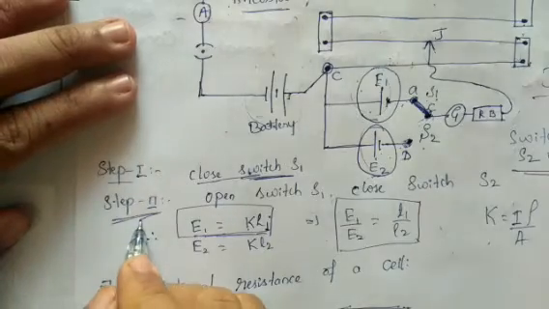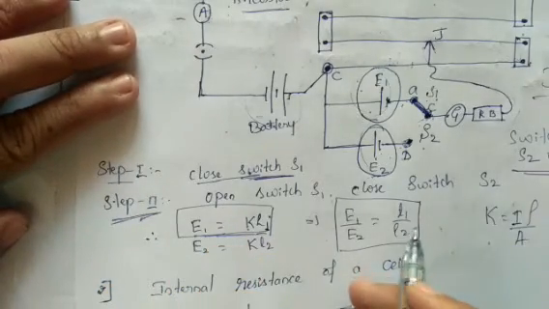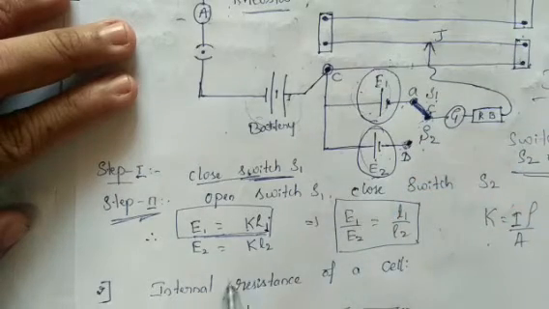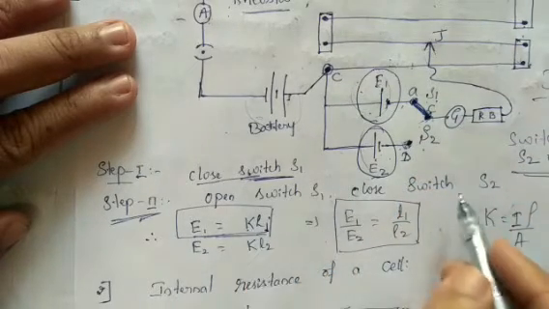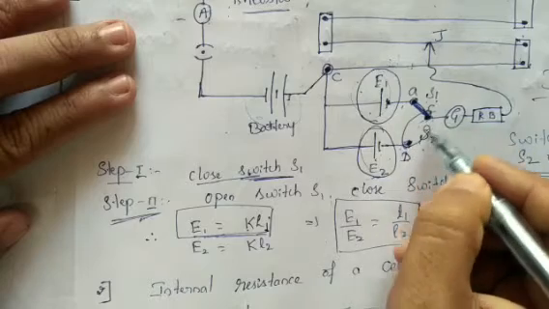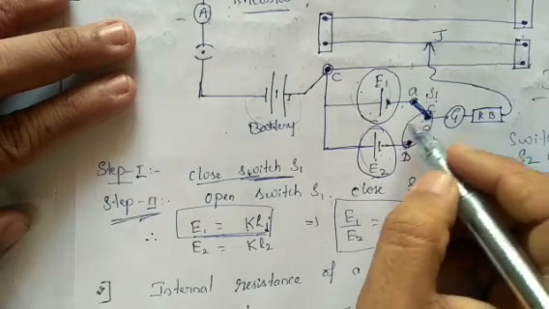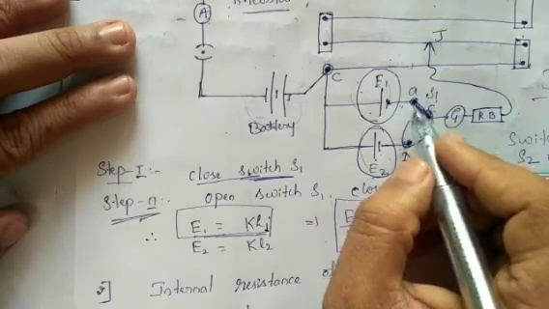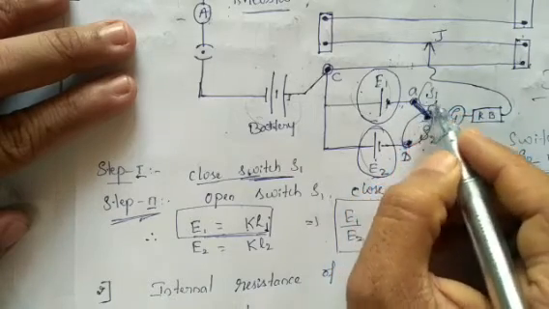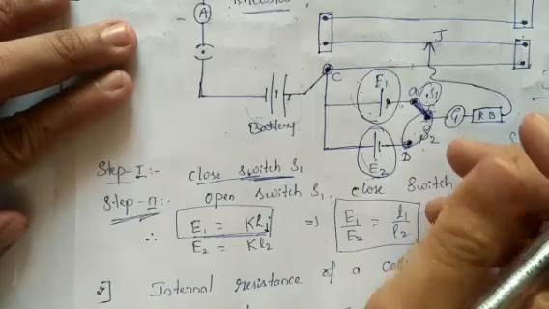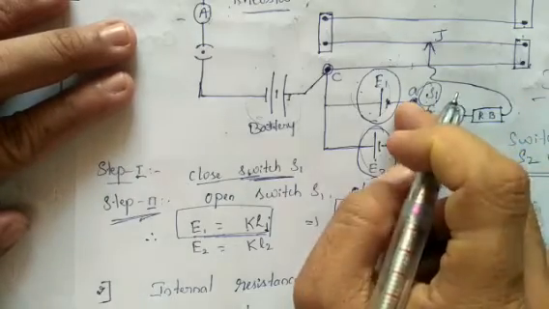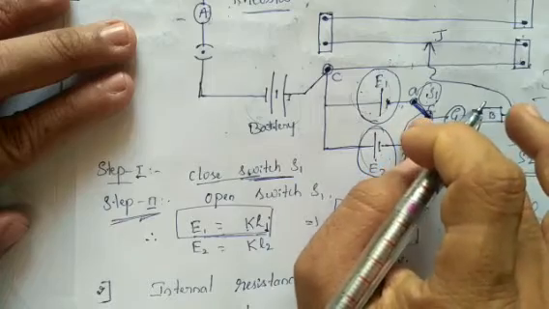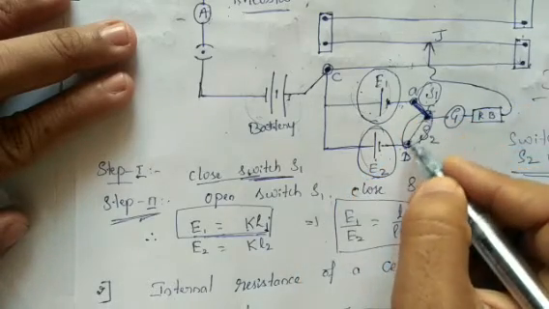Similarly, we go to the second step. Here, switch S2 should be closed, but before closing S2, we make S1 open. After removing the key from switch S1, we insert it into the second switch S2.